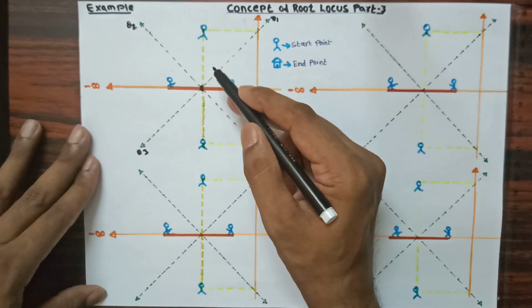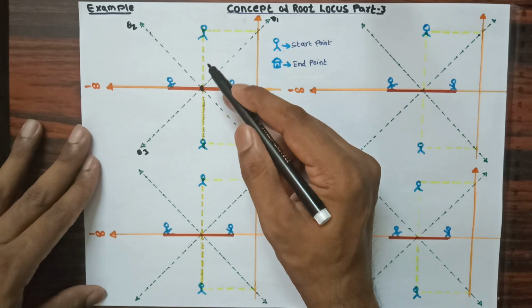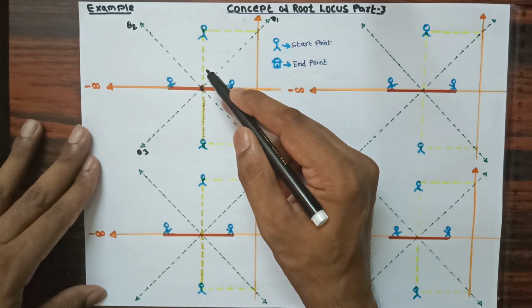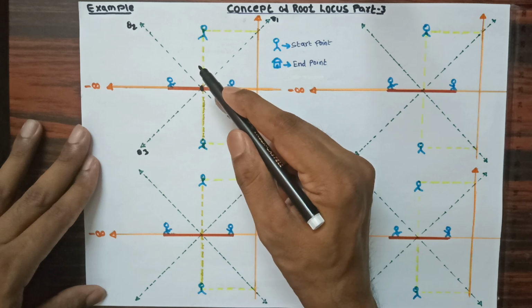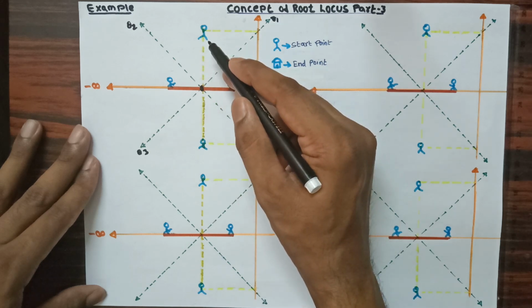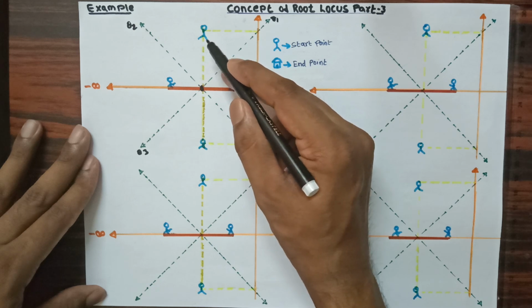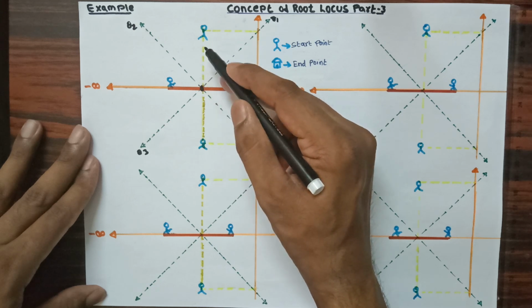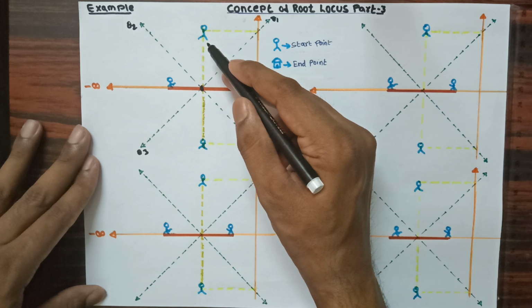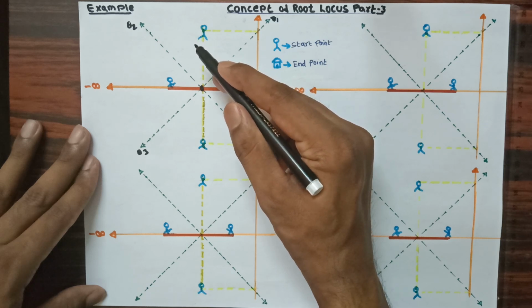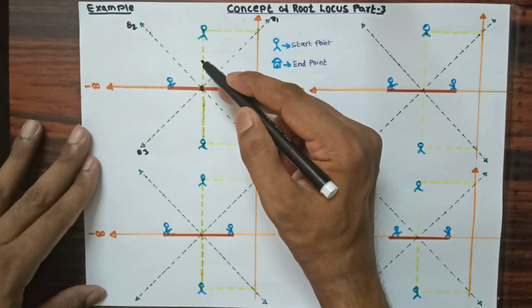In this we need to provide an angle for the person so that they can follow the angle to move towards the infinite destination. The person who moves to the infinite destination, we are naming that person an asymptote, and the angle we provide to this asymptote to move towards the infinite destination is called the angle of asymptote.